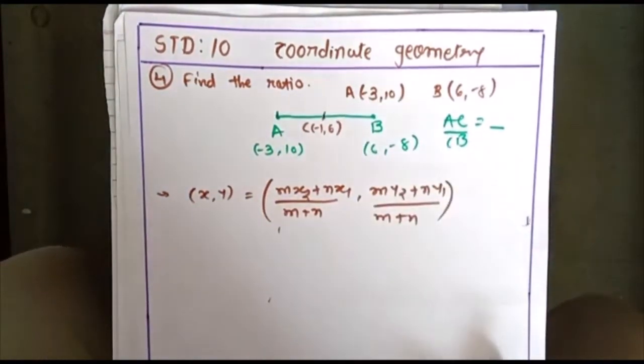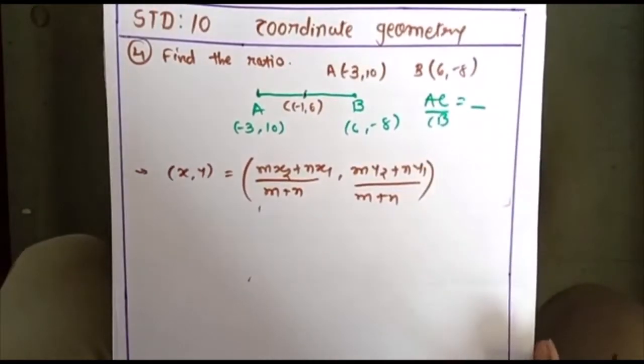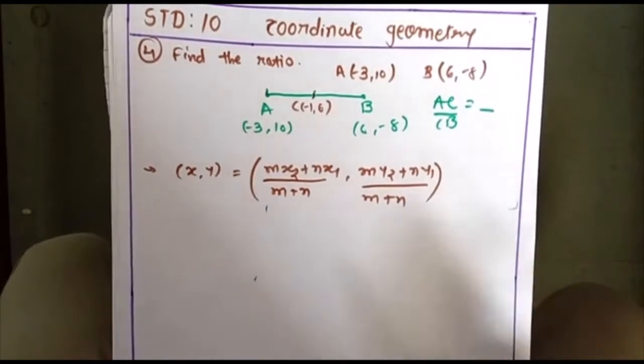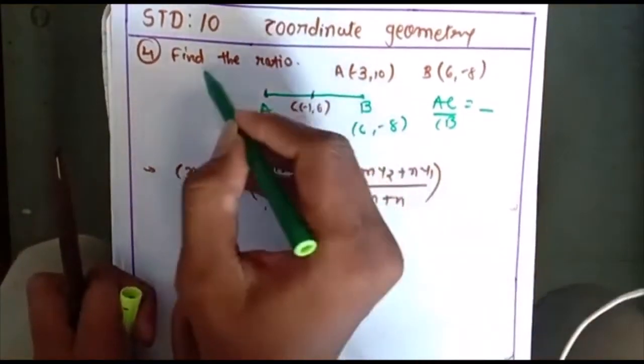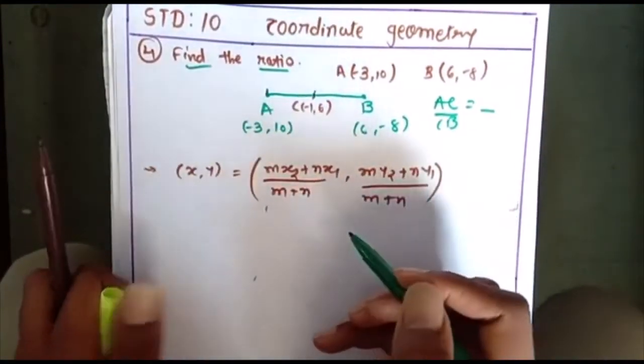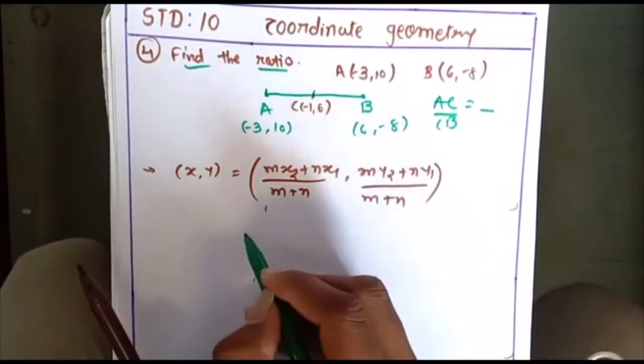So we can easily find the point which divides the line segment. But here we need to find the ratio, so we use another formula.